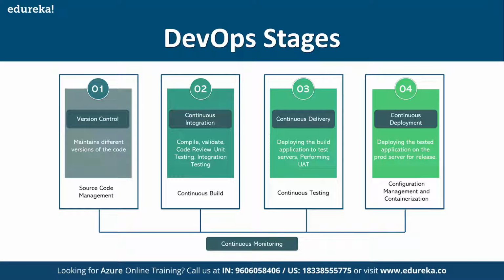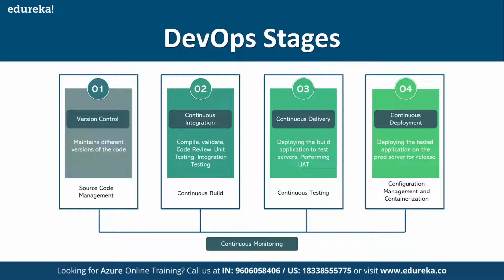If you are coming from a development background, you already know about version control. It's source code management. Let's say we have a lot of versions of the code and we want to get back to a previous version. Version control gives us that flexibility.